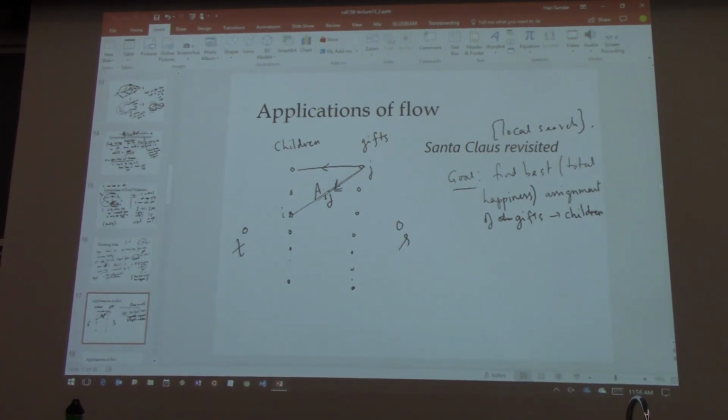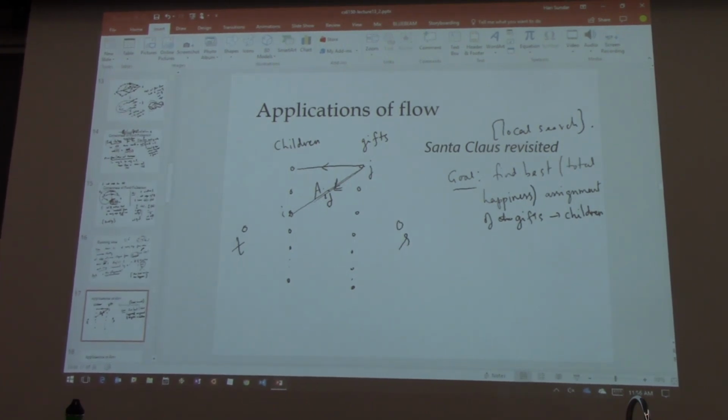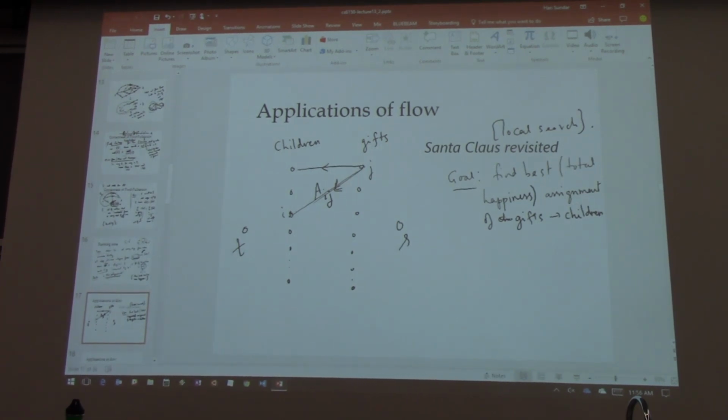Now, how do you capture this as a max flow? Connect S to all of the gifts, with large weight.